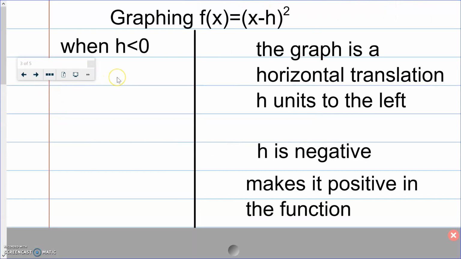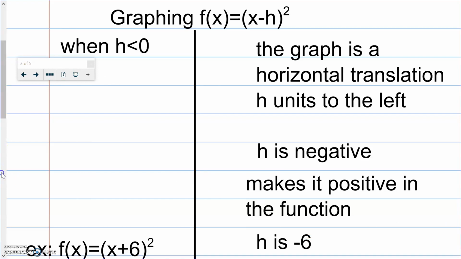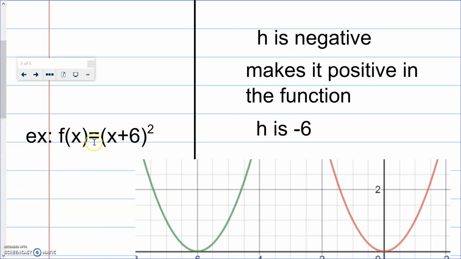Let's now look at when h is less than 0 or h is negative. The graph is going to be a horizontal translation, h units to the left. Remember the equation is x minus h, so x minus a negative becomes a positive in the function. So when we do an example, we get f of x equals x plus 6 squared.